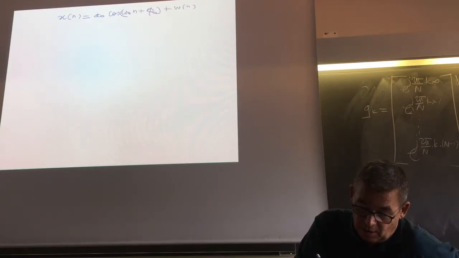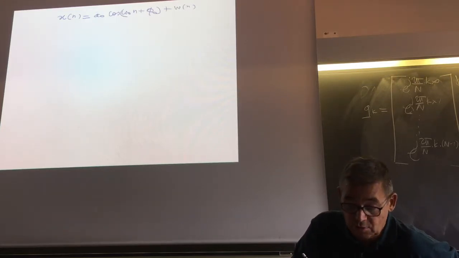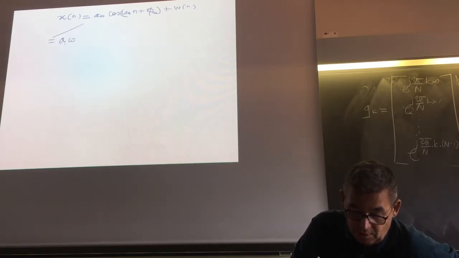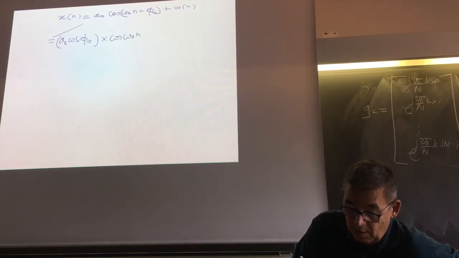Now I can apply the trigonometric rules. So here I have A0 cosine phi 0, everything multiplied by cosine omega 0 n, and then I have a minus A0 sine phi 0 times sine omega 0 n, plus noise.